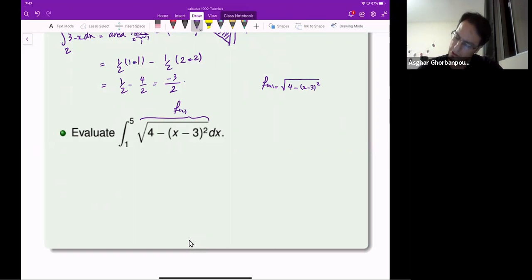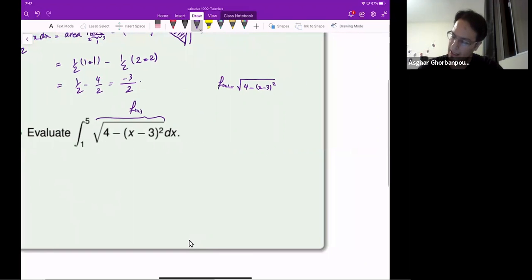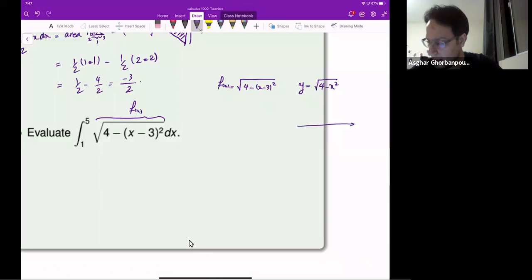Here, what you need to notice is that, I know that if I have y equal to root of 4 minus x squared, this is the graph of a semicircle of radius 2 centered at 0. So it will be something like this. This is 2. But then there is x minus 3.